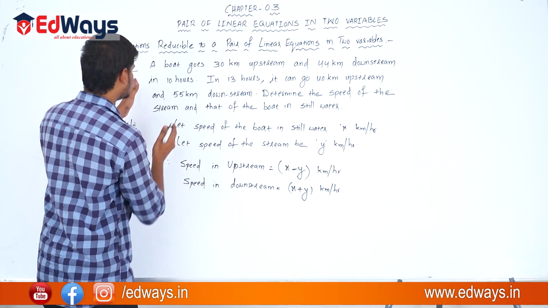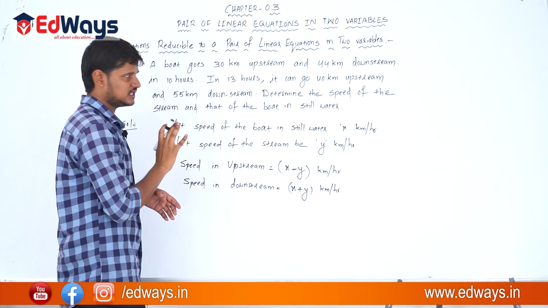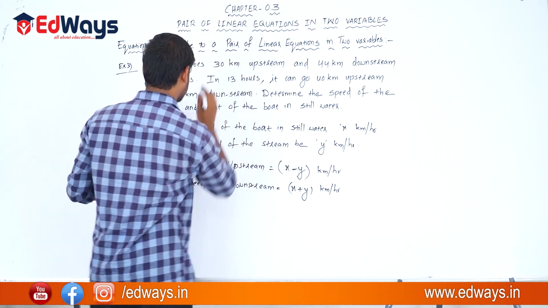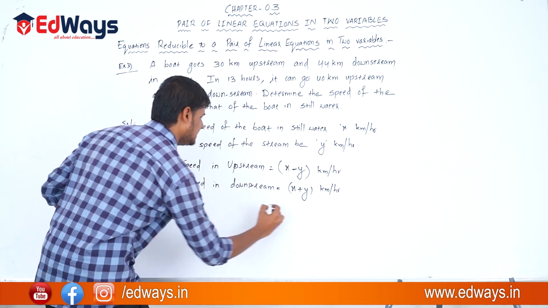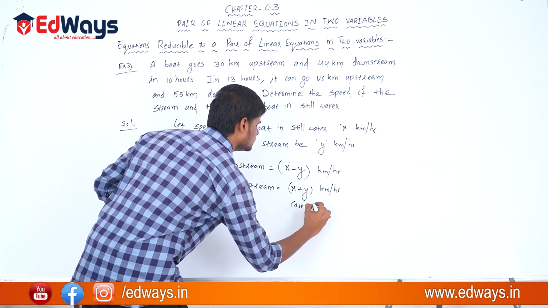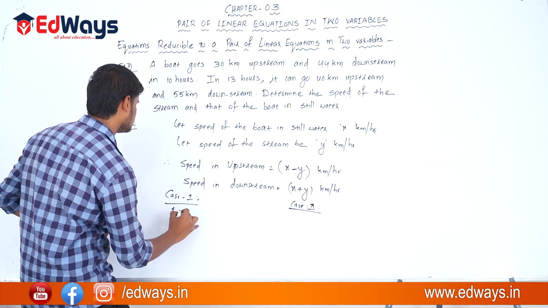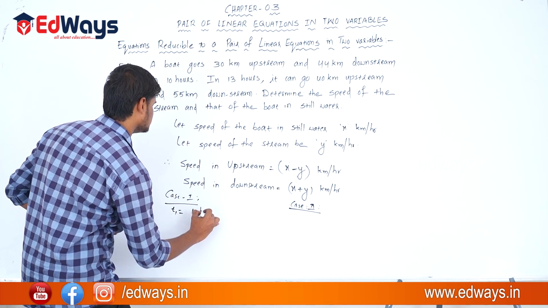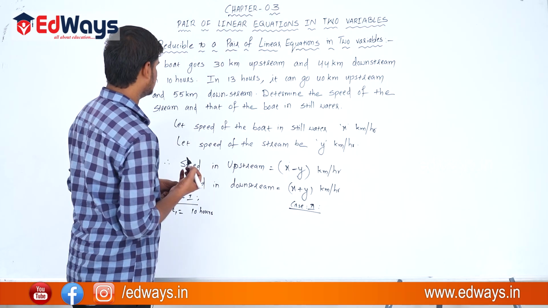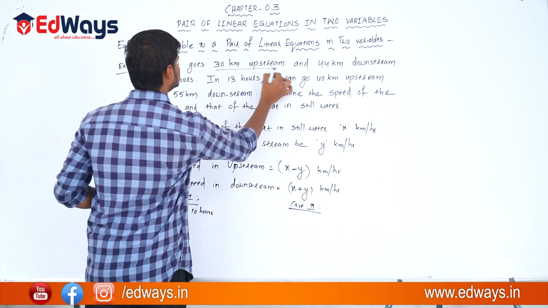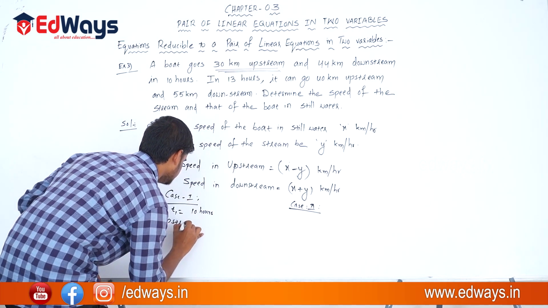Now consider there are two cases. A boat goes 30 kilometers upstream and 44 kilometers downstream in 10 hours. This is the first case. Let's write case 1 and here case 2. So in the first case, time is equal to 10 hours.